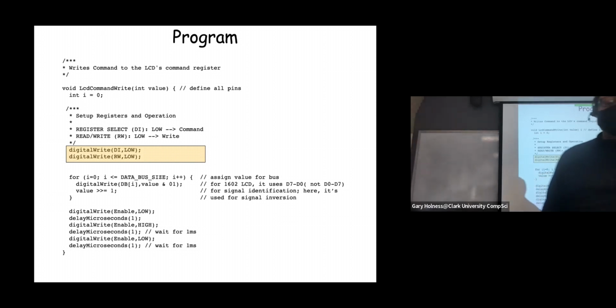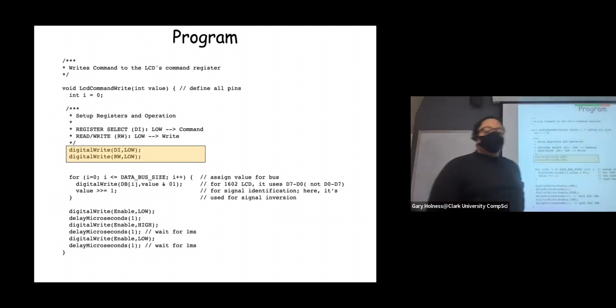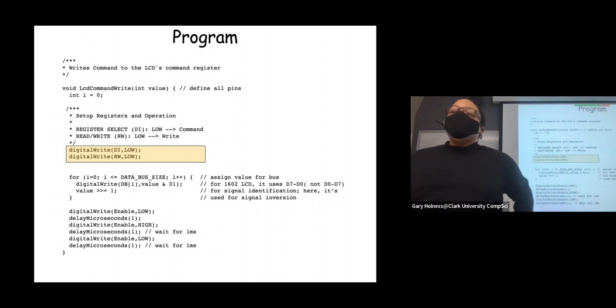No? All right. So we start out, and of course, we set a variable. And the first thing we're going to do is we're going to select what register we're going to use, whether the command register or the data register. And then we're going to also select whether the operation is a read or write. So here we're establishing what behavior we want from the device.